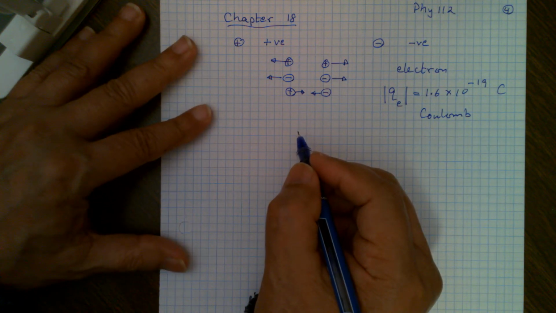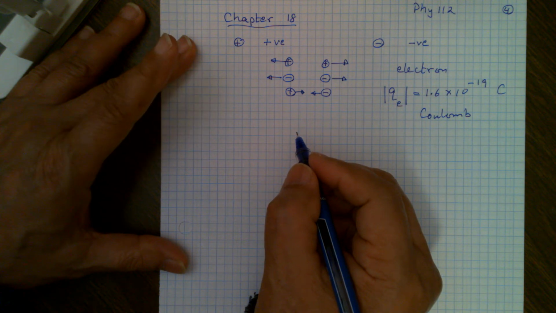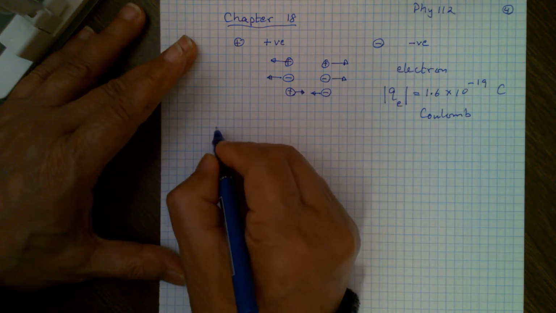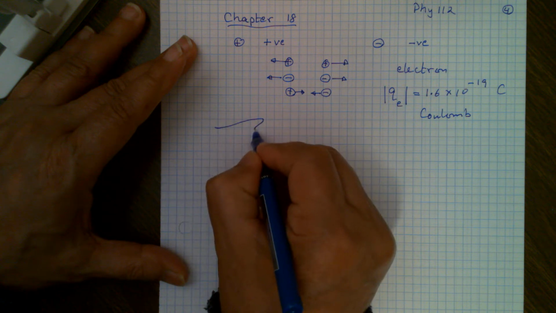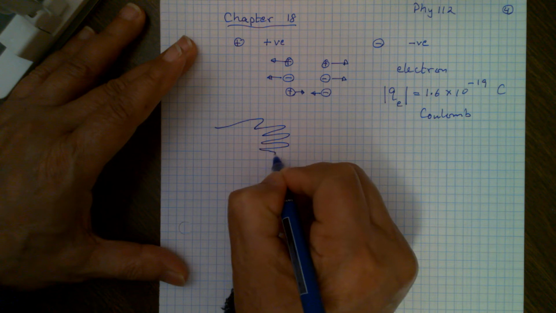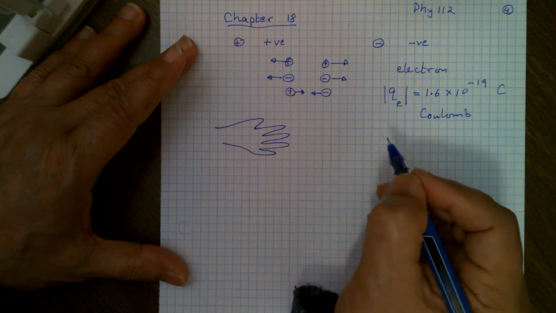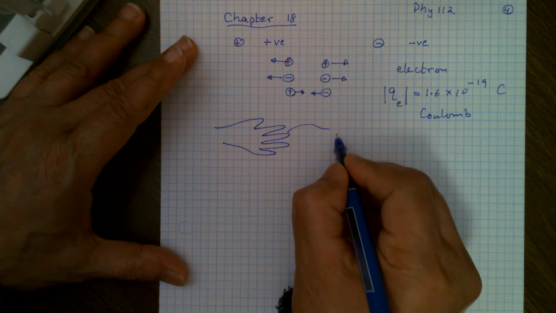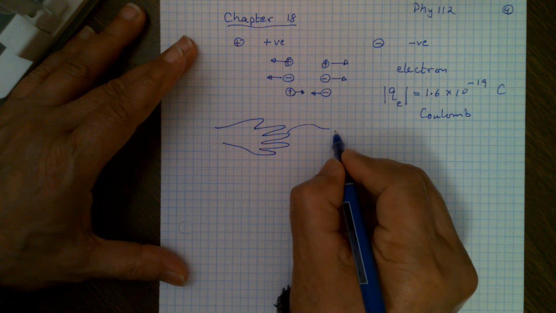Now, how do we get into these elementary particles? Well, every object can be subdivided into subunits. So let's look at our hand, for example. The hand will have cells. So let's look at the cell.